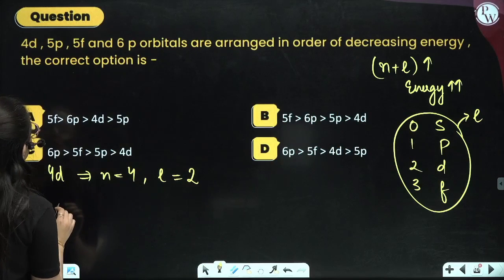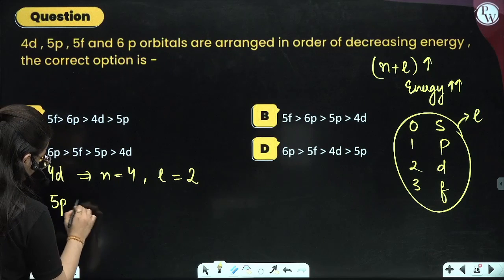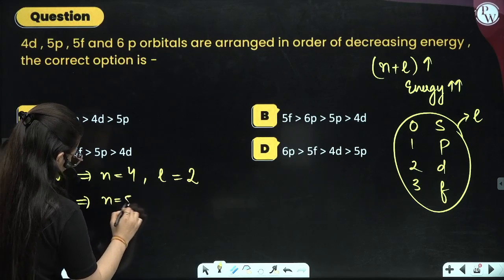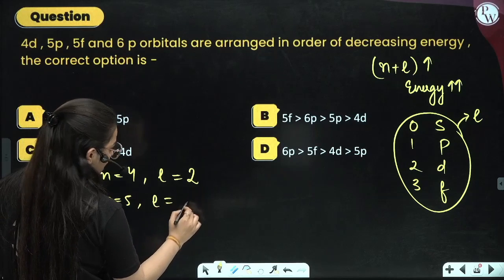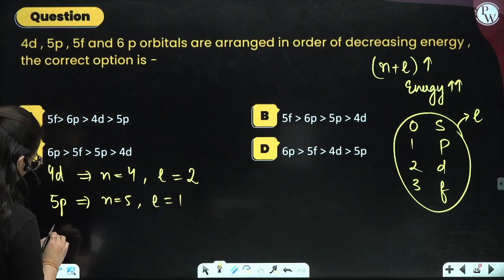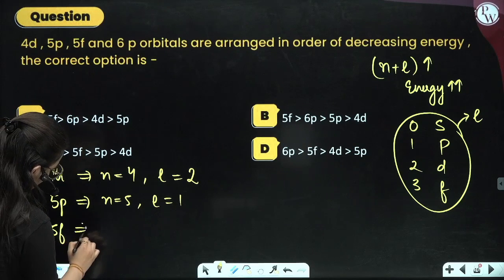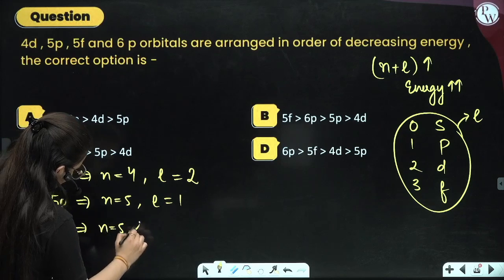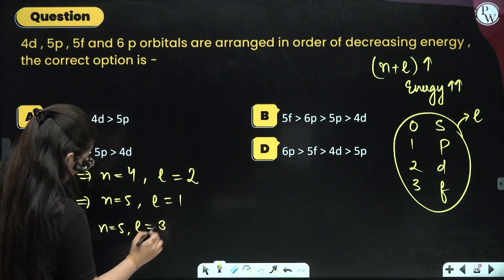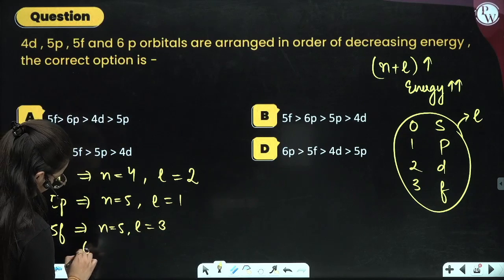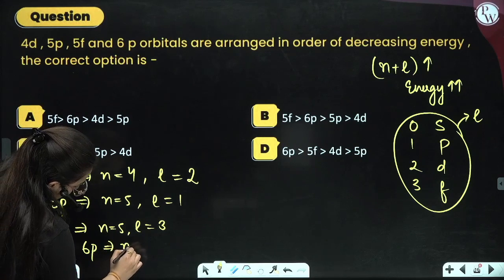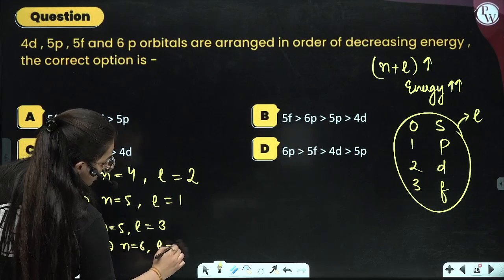Okay. 4d, then we have 5p. n over here is 5 and l for p is 1. Then we have 5f. n is 5 and l for f is 3. Then we have 6p. n is 6 and l is 1, right?